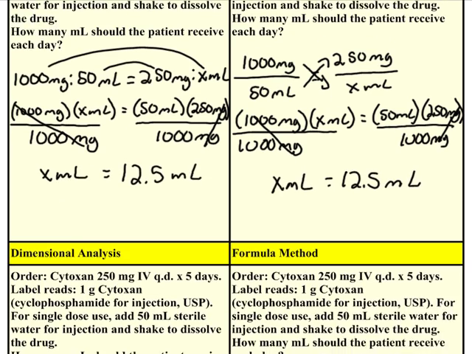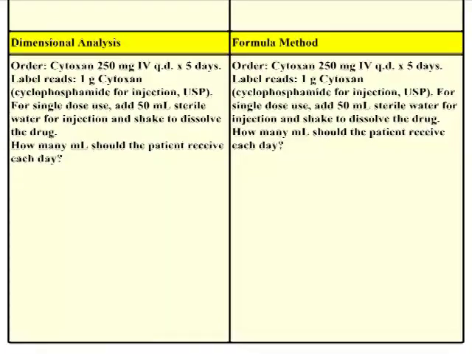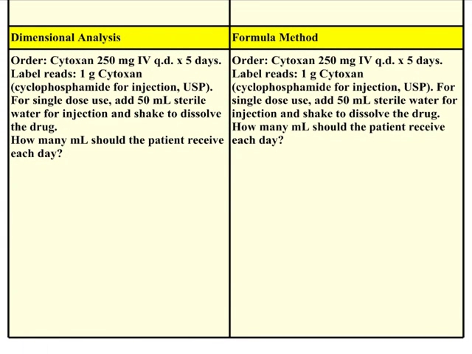The third method we can use is dimensional analysis. This time we'll start with the doctor's order of 250 milligrams. As we want to deliver this medication in milliliters, I know I'm looking for a relationship between milligrams and milliliters. When we read the bottle, we can see that it says 1 gram is equivalent to 50 milliliters.